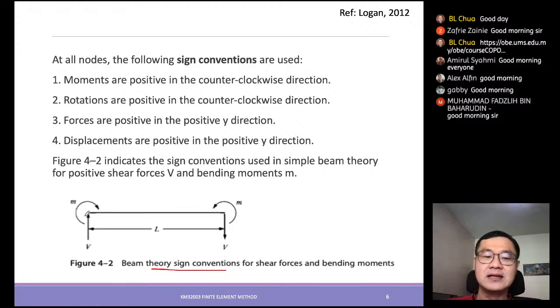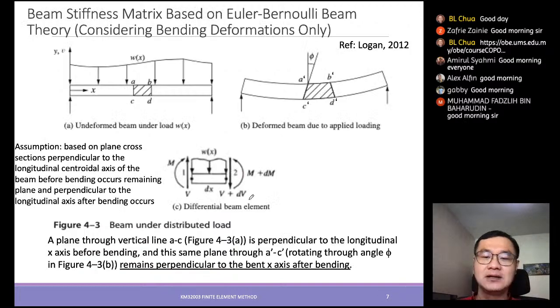Then the moment is defined such that it causes the beam to bend in these directions. So we just use the conventional sign conventions of beam theory to define our beam elements. Just a brief idea on the beam theory itself.